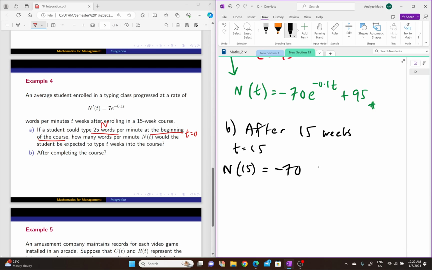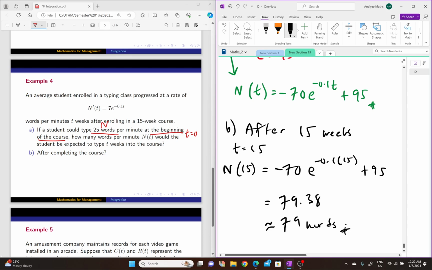T equal to 15. Press this, 79.38, almost 79 words. So after completing the course, the candidate can type 79 words per minute. So it is keep on increasing. Okay, that is number 4.